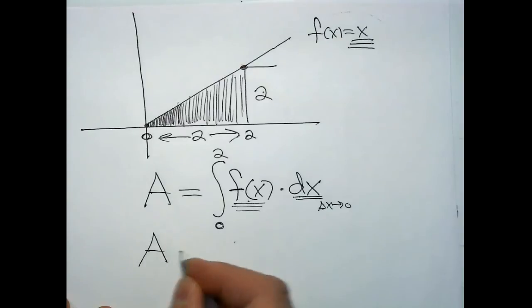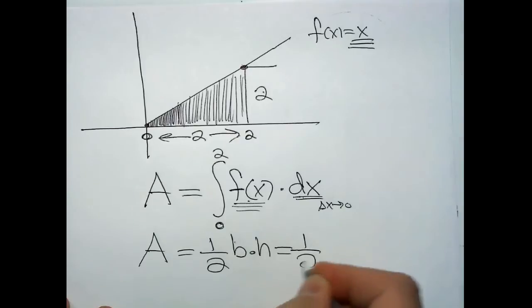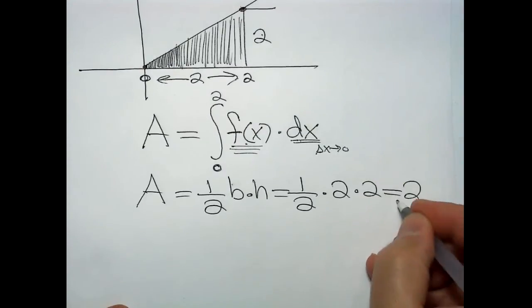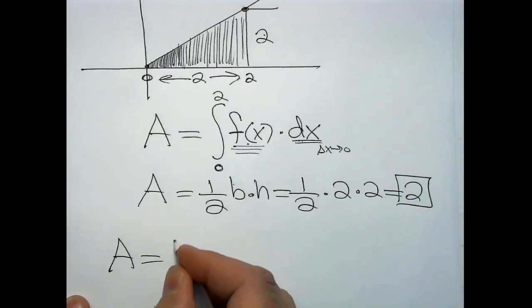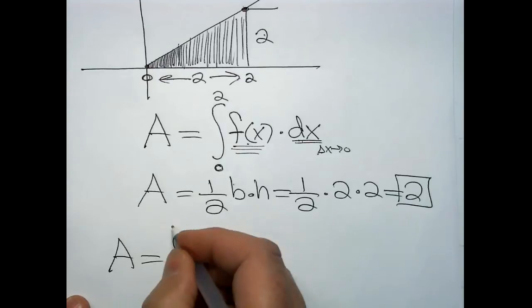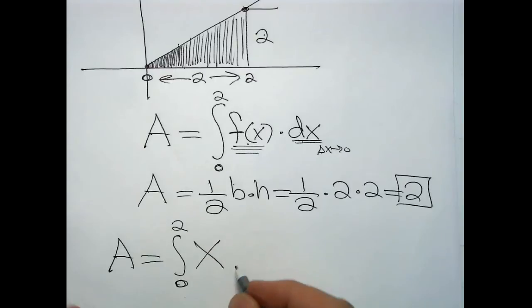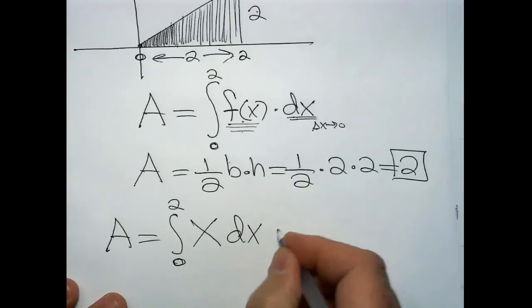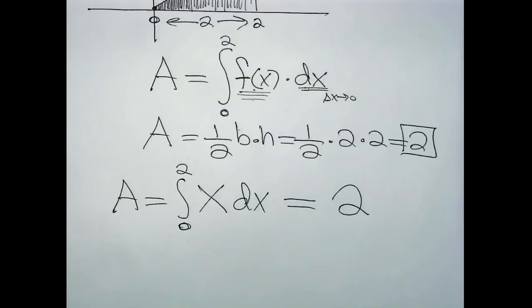So the area of a triangle is 1/2 base times height, or 1/2 times 2 times 2, which is 2. So using this new terminology, we would say that if you integrate from 0 to 2 of f of x, that's x, f of x just in this case is x, dx, the answer must be 2. And that's not really doing any calculus on the problem. We're just using the terminology.